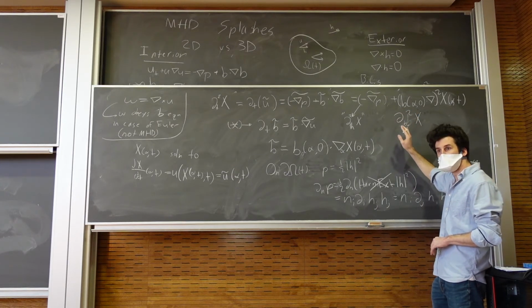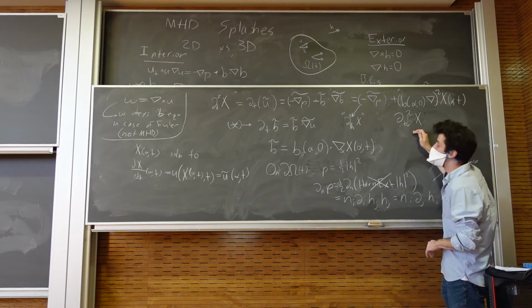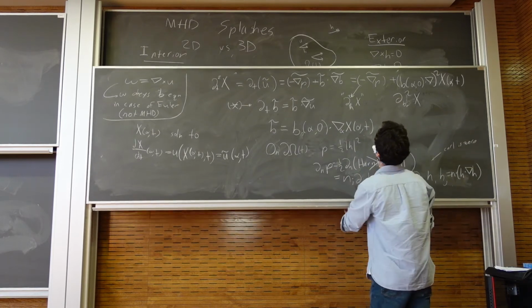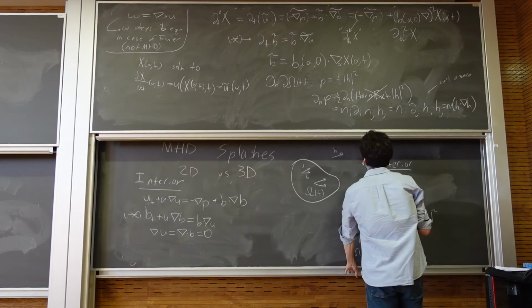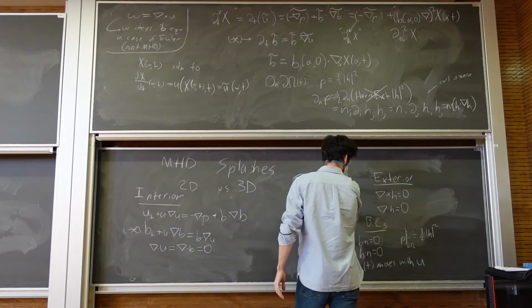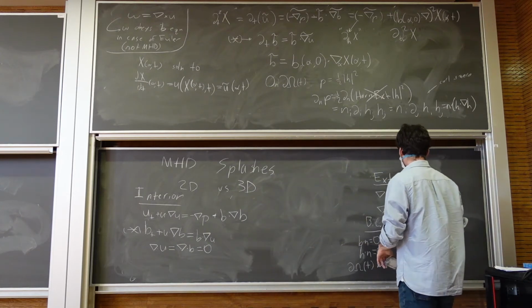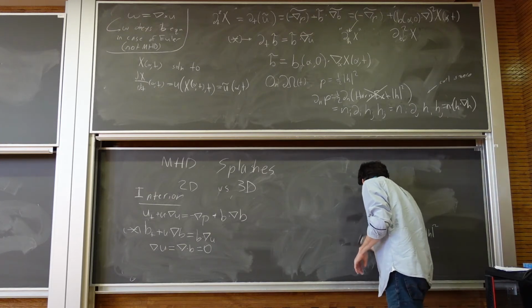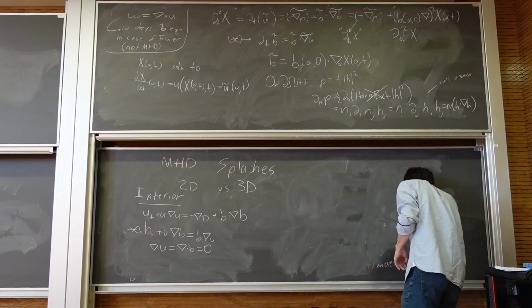But at the highest order, we have two derivatives with respect to h and two derivatives with respect to b. I'm going to erase these. Hopefully they're not too difficult to bring back if we need them.